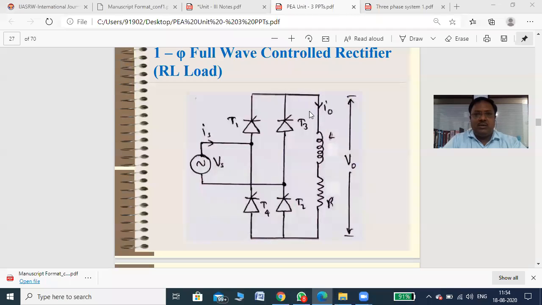Single phase full wave controlled converter and semi converter, there will definitely be one question out of these two topics. So I'll explain the fully controlled bridge with inductive load, where the inductive load is connected here.